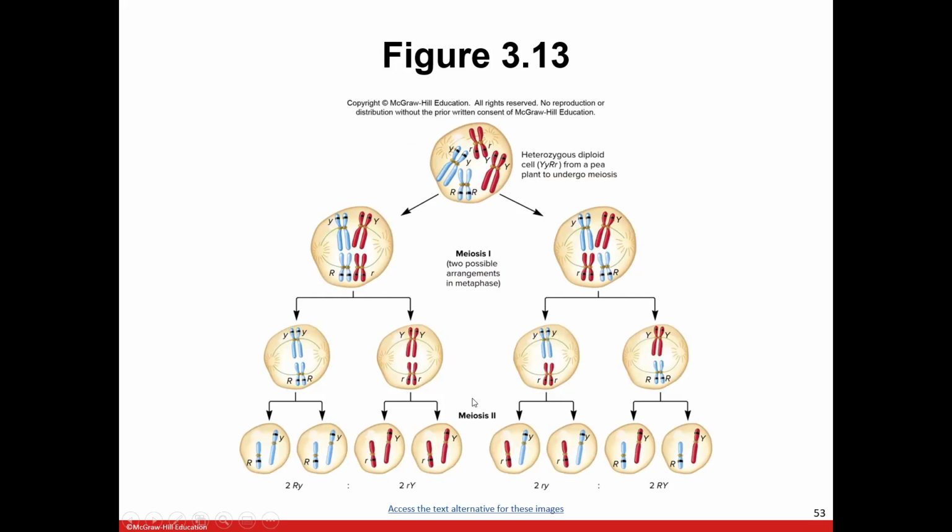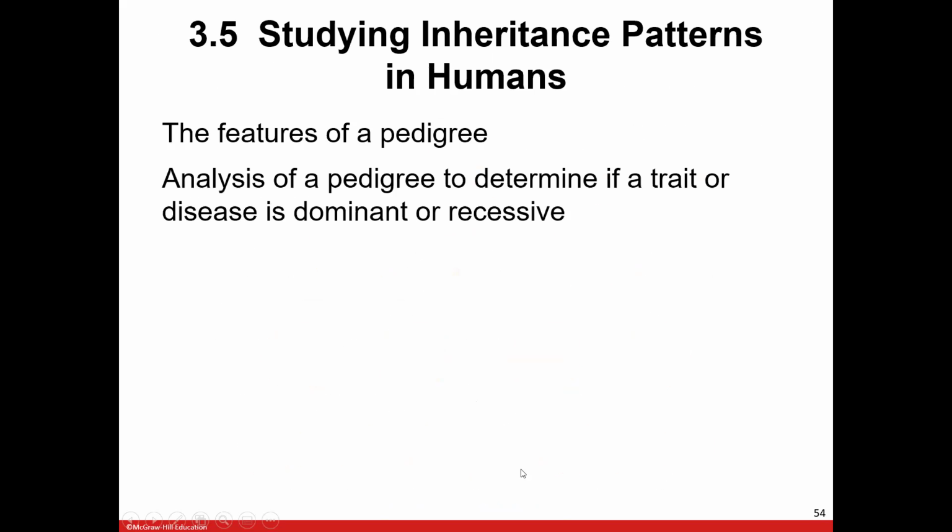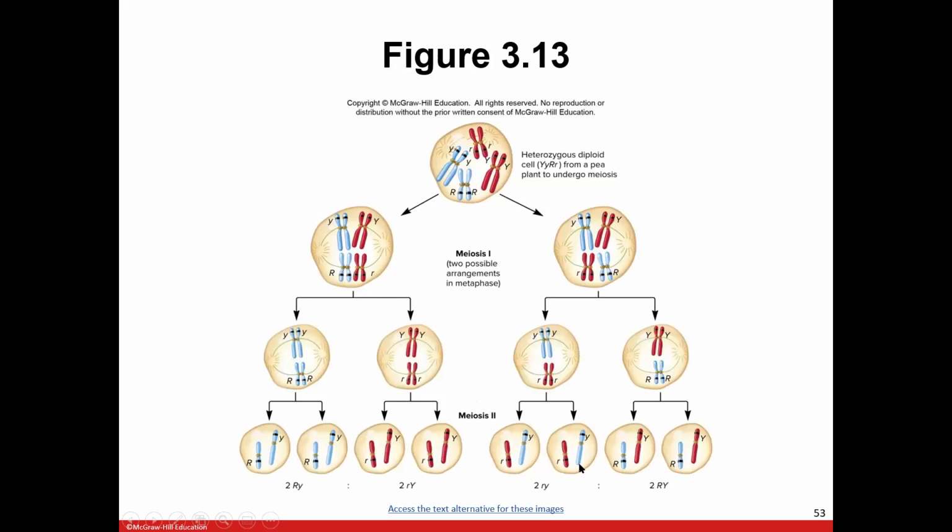And depending on what was happening, you could end up with blue, blue, blue, blue, red, red, red, red, or red and blue, blue and red, blue and red. Now, a pea plant only has 7 chromosomes, that you could still draw out, but don't forget, humans have 23 pairs of chromosomes. So that gives us many possible variants. And remember that each chromosome is carrying hundreds, if not thousands, of genes on it. So lots of stuff happening.